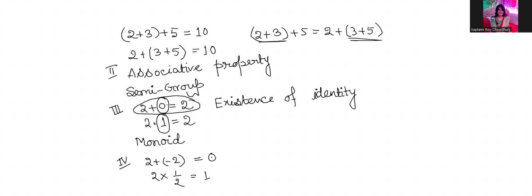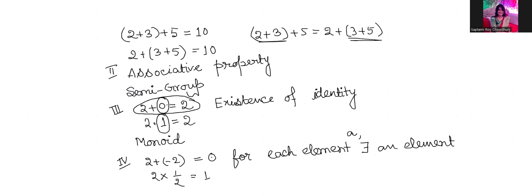That means for each element A there exists an element A inverse such that A star A inverse equals E. This is called the existence of inverse.